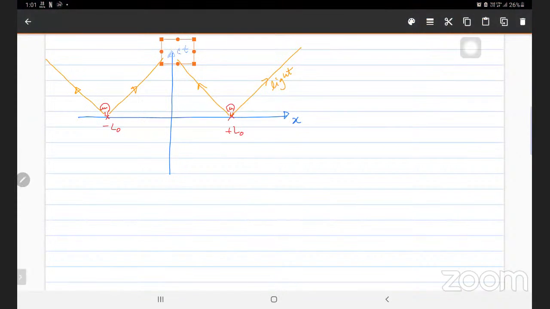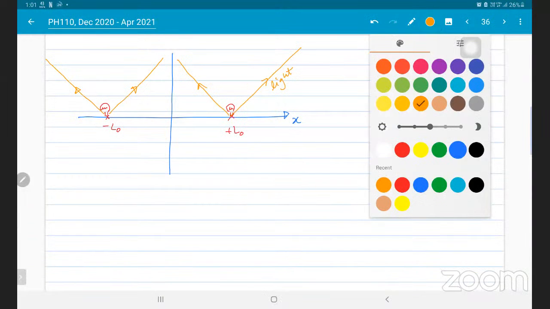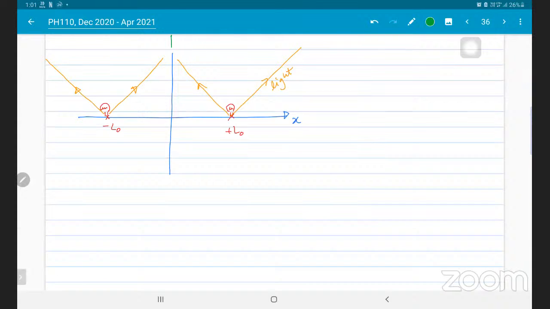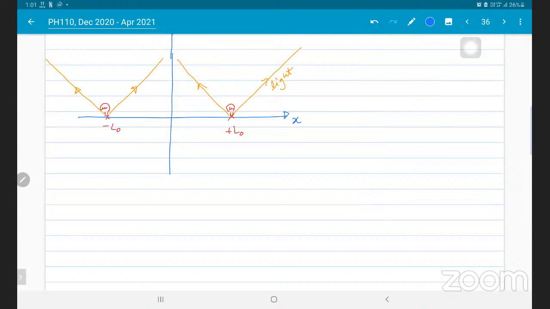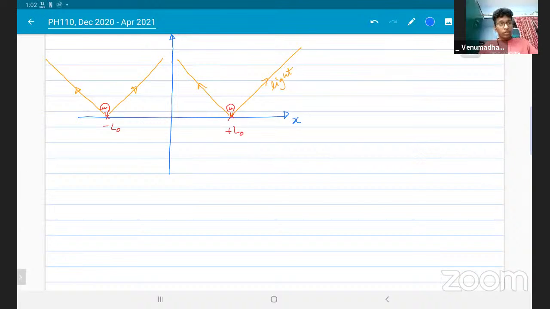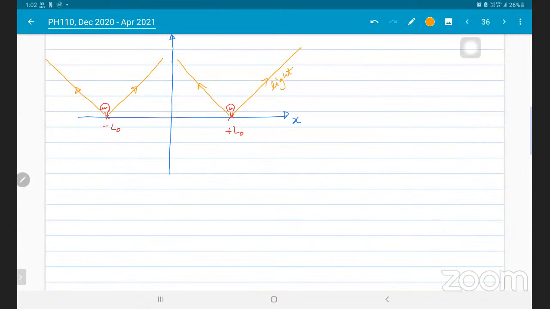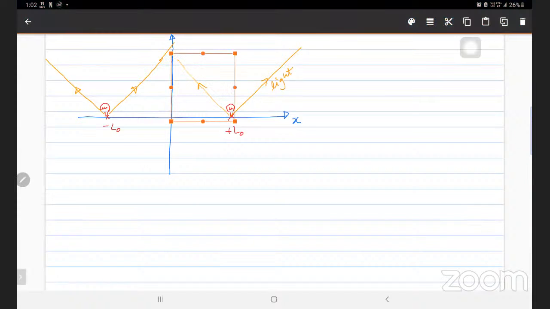Now, what can you say about the location on the y-axis at which these two beams will intersect the y-axis? This beam and this beam, what can you say about that location? At distance L0. They will intersect the y-axis at the same point, right?